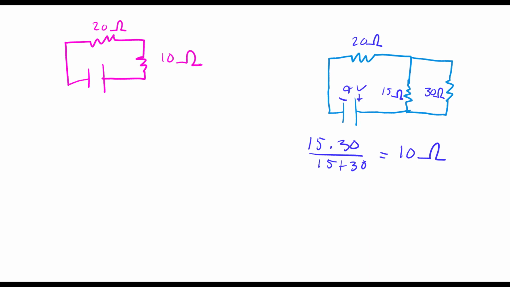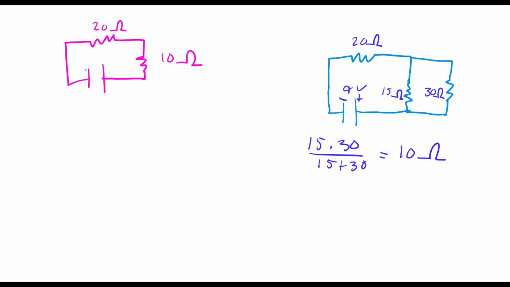This came from adding these two with 1 over R1, 1 over R2. So we just condensed it into a super resistor, right? And it's important to know that you did it right because this new resistor is less than the smallest one, right? So it's less than 15. Pretty good sign that you did it correctly.